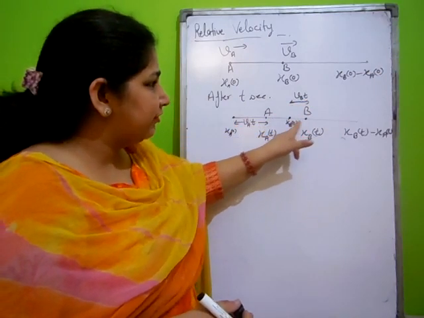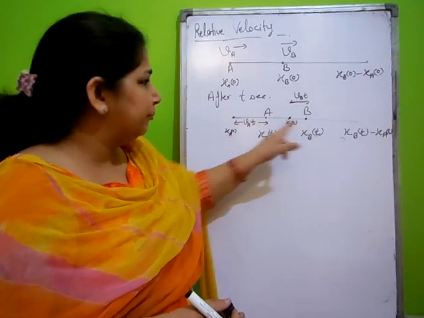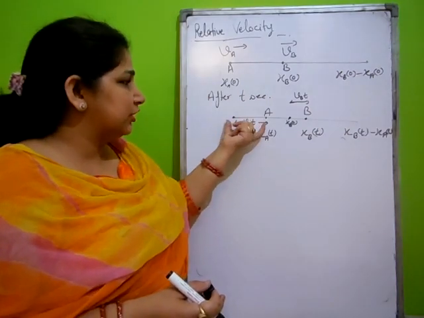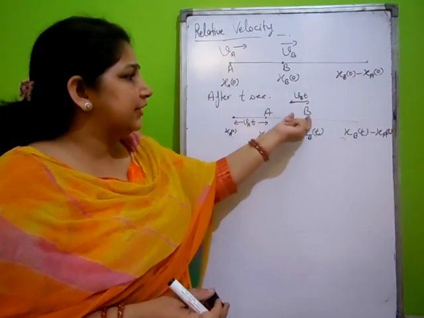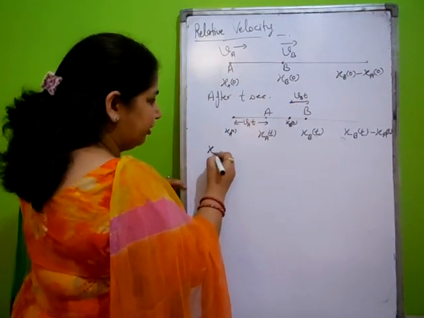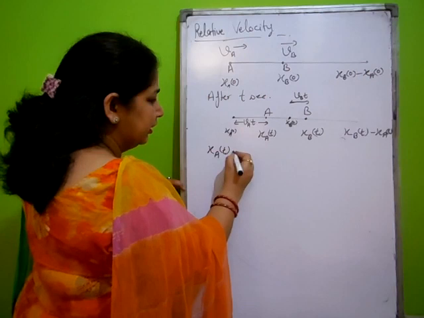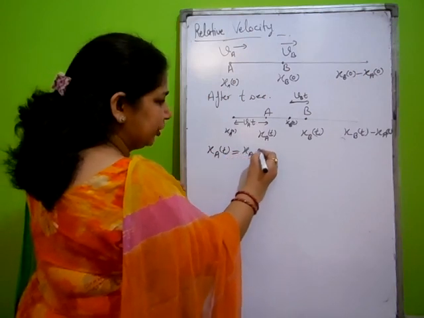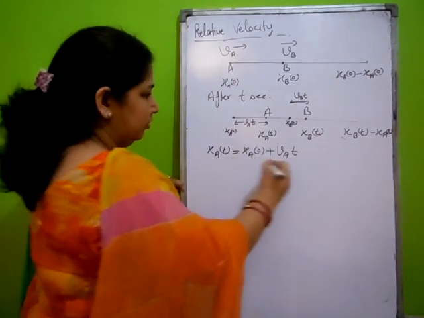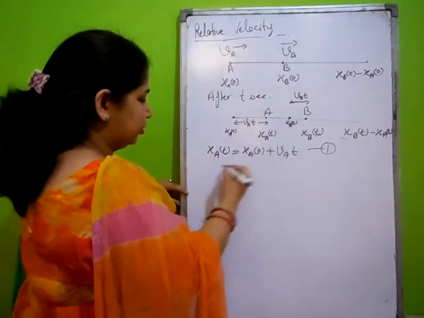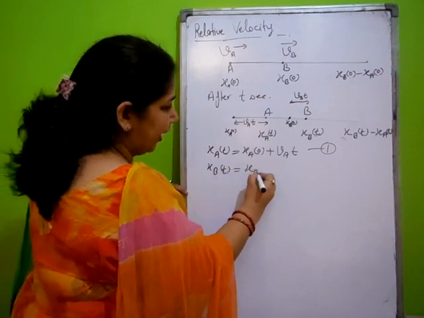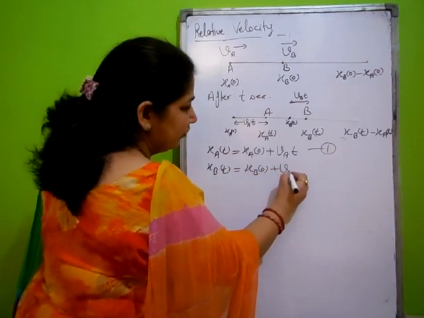This distance is covered by VB velocity in t time, and this distance is covered by VA velocity in t time. So this distance will be VAt and this distance will be VBt. Now XAt is equal to XA0 plus VAt, first equation. Now the second equation will be XBt is equal to XB0 plus VBt.